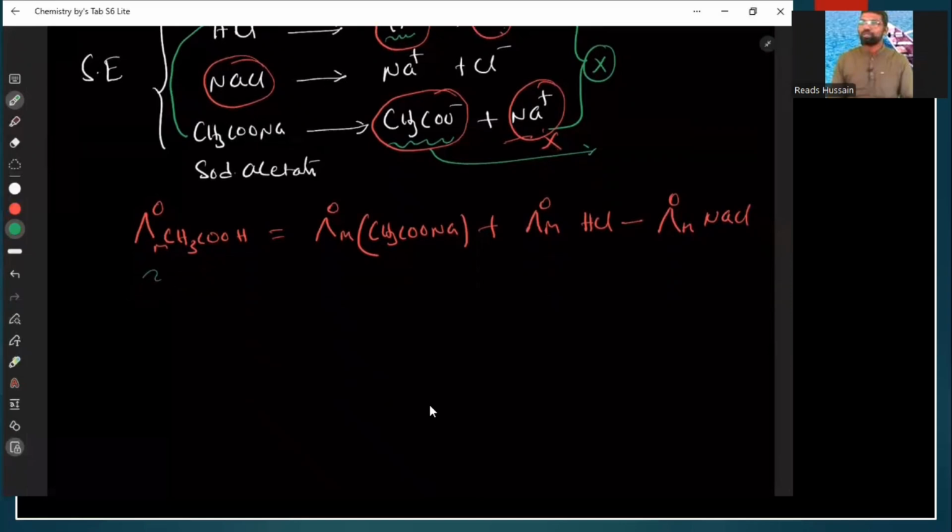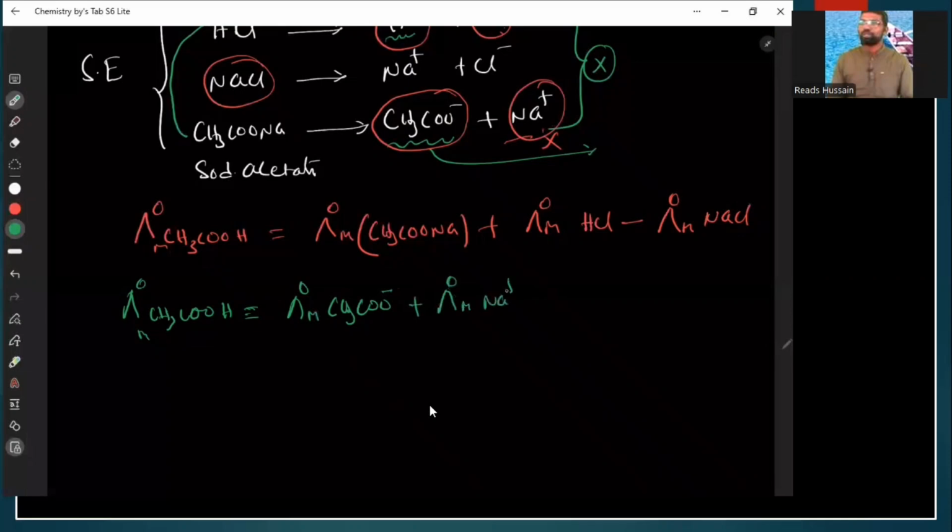Now I am going to expand this. Limiting molar conductivity of CH3COOH is equal to, I am going to expand this part, limiting molar conductivity of CH3COO minus plus limiting molar conductivity of Na plus.